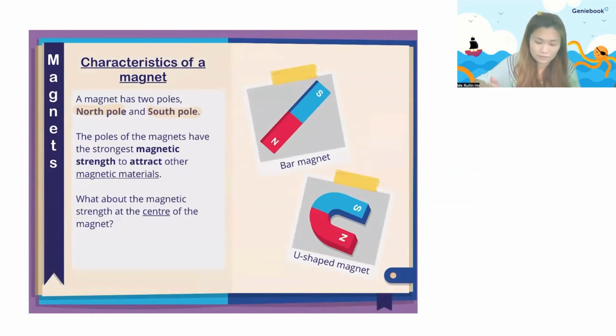They have the strongest magnetic strength to attract other magnetic materials. The poles mean the ends, and the ends are the strongest. What about the center? Poles of the magnet are actually the ends of the magnet.